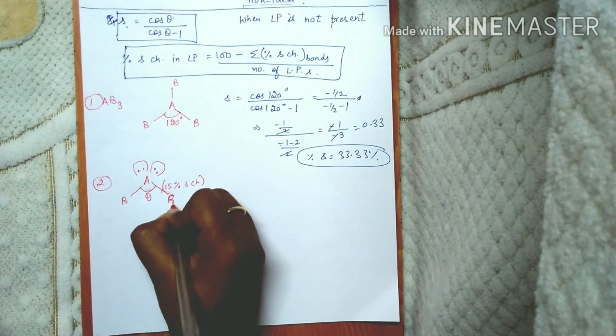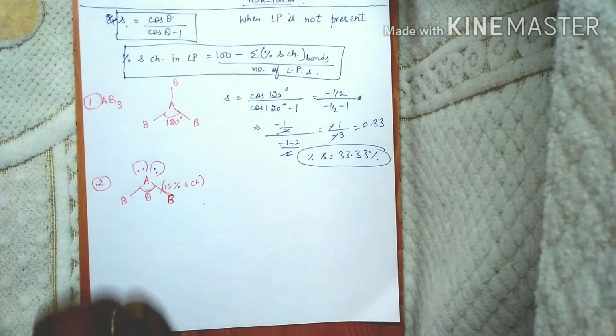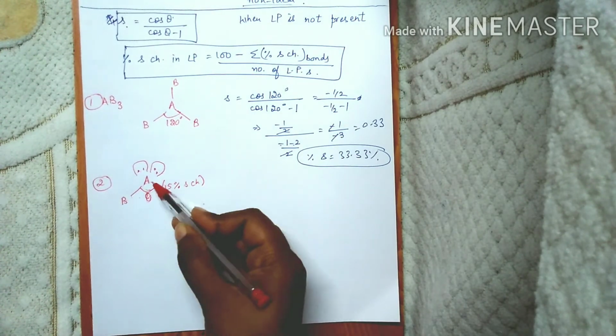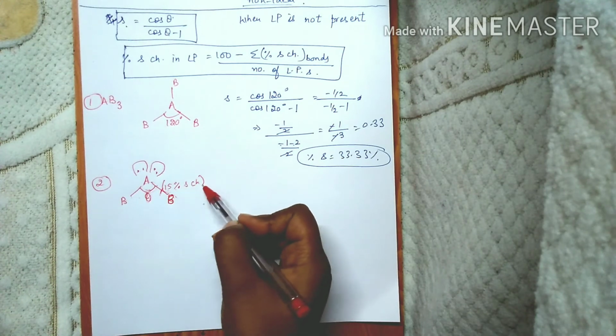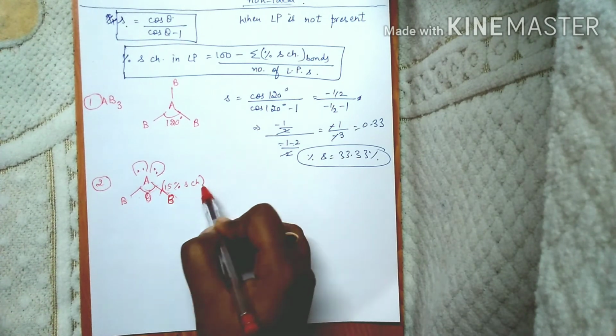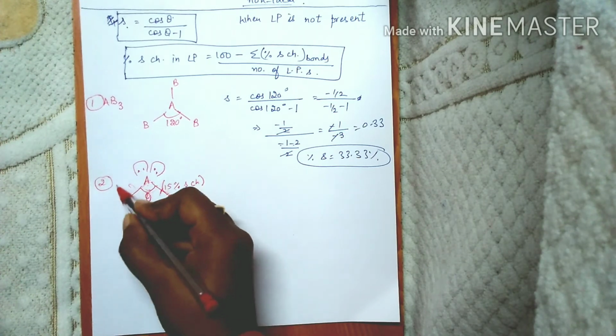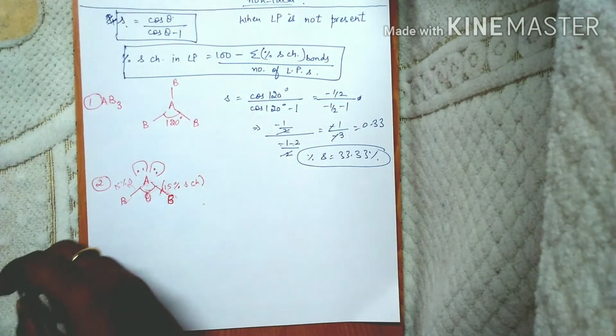Suppose this is also B. The angle is theta here, and this AB bond contains 15% of the S character. This is given in the question. This is also the same kind of bond, so this will also contain 15% S character.